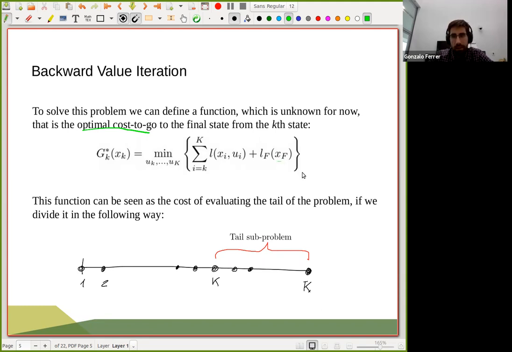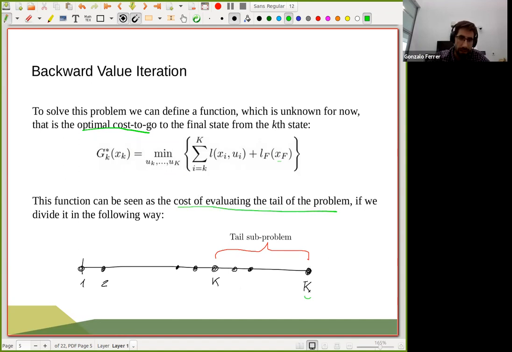This function depends on the index, and the index is a way of dividing the problem into subproblems, right? So if you imagine that we have length K, capital K, this optimal cost to go function is saying the cost of evaluating the tail of the problem.